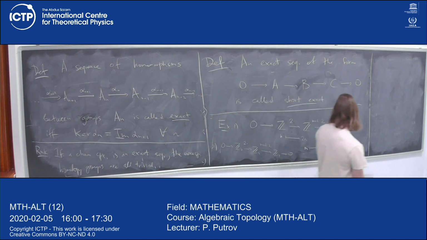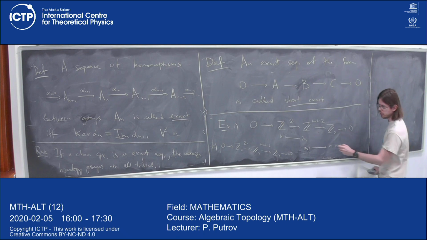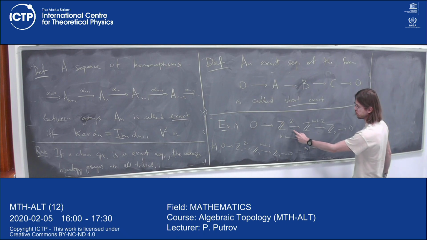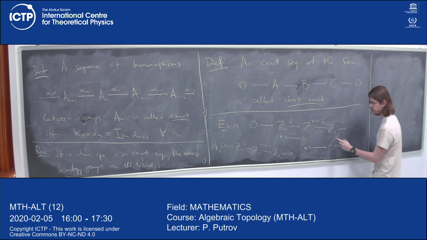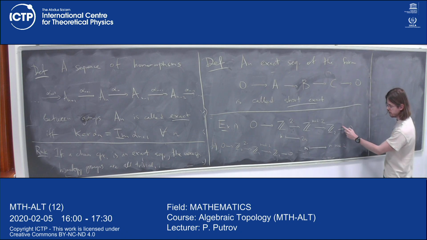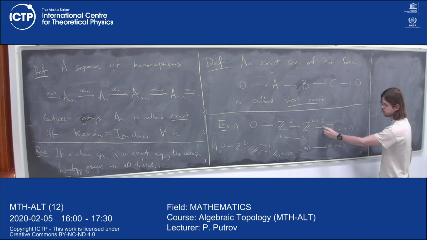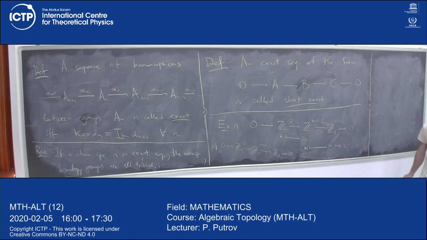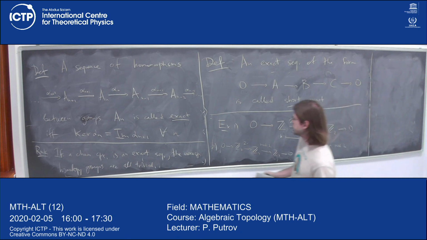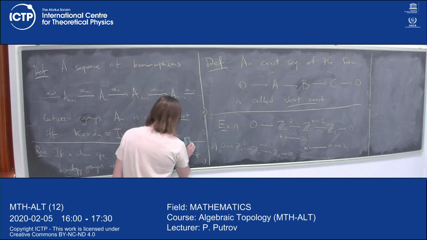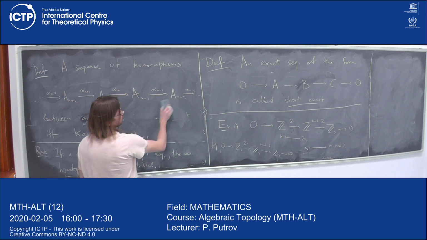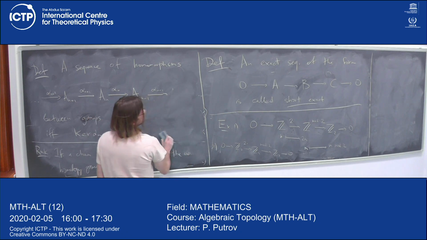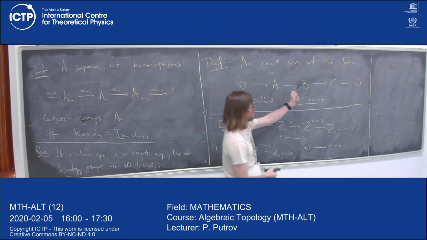So this essentially means that this map should be injective, and similarly here. We want the kernel of this map, which is the whole space, and this is 0, to be the same as the image of this map. This means that in particular this map is surjective. So exactness is satisfied at all 3 places.